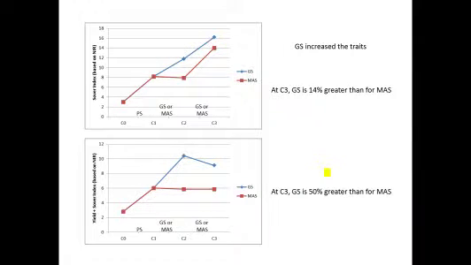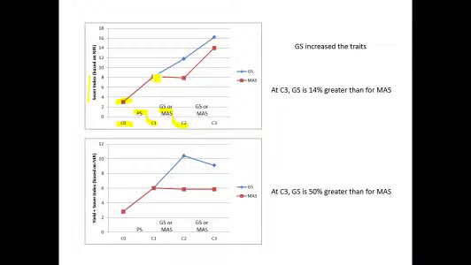Let's look at our results. This is for stover index alone. Cycle 0 is no selection. Stover index is not too good. You go through a cycle of phenotypic selection to get to cycle 1. The trait has improved based on phenotypic selection alone. Now you can go through genomic selection or marker-assisted selection.